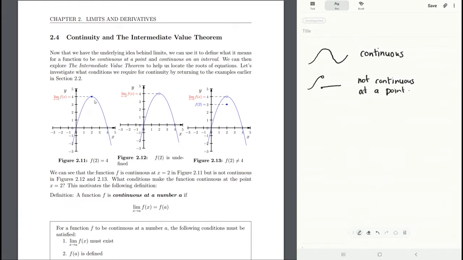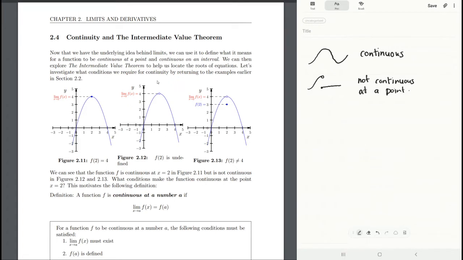If we look at the left graph, the function is defined at the number 2 and its value is equal to 4. And this graph is an example of a function that is continuous at the point where x is 2. Recall that we determined that the two-sided limit of f of x as x approaches 2 is also equal to 4.